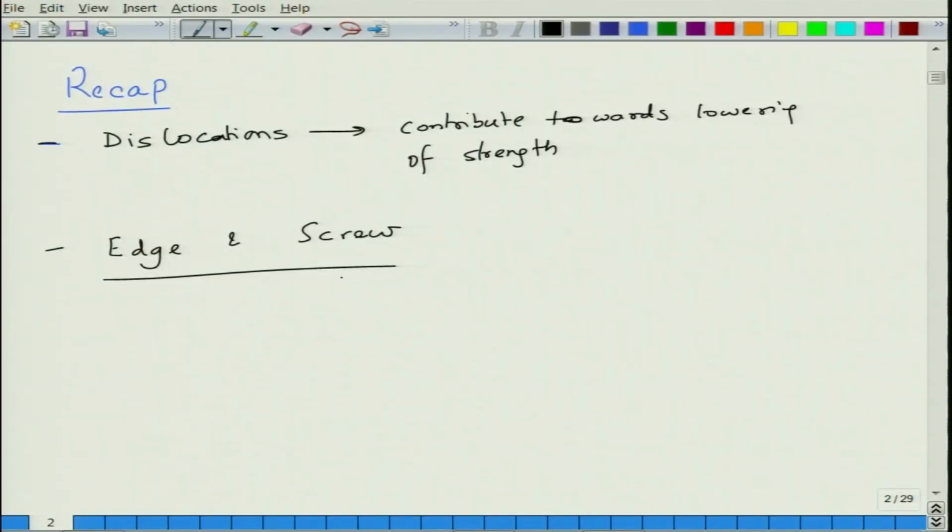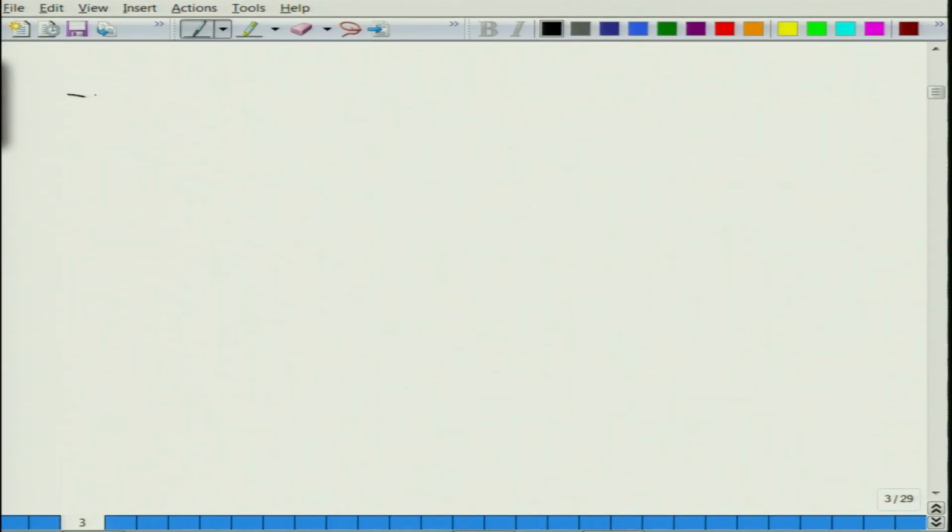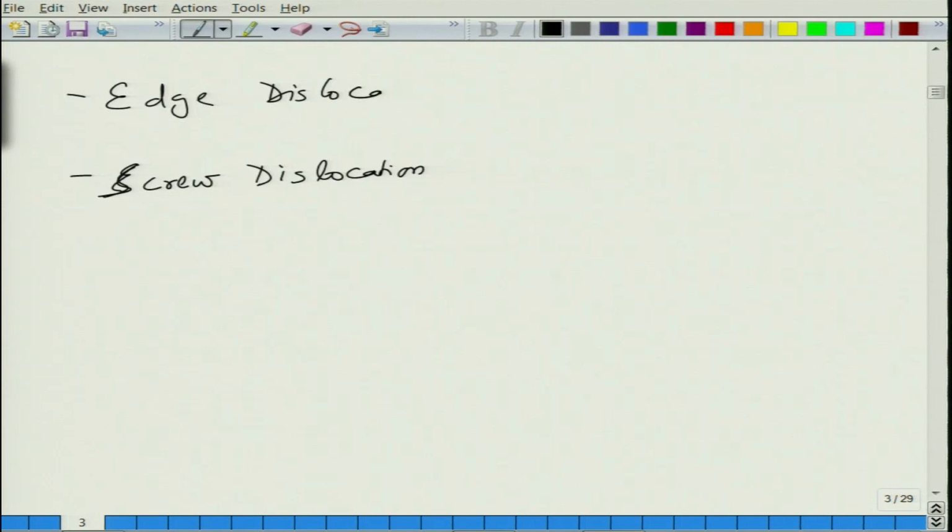Okay, so what we have done till now is look at edge dislocation and screw dislocation, and how to define the Burgers vectors in crystals, especially cubic crystals.